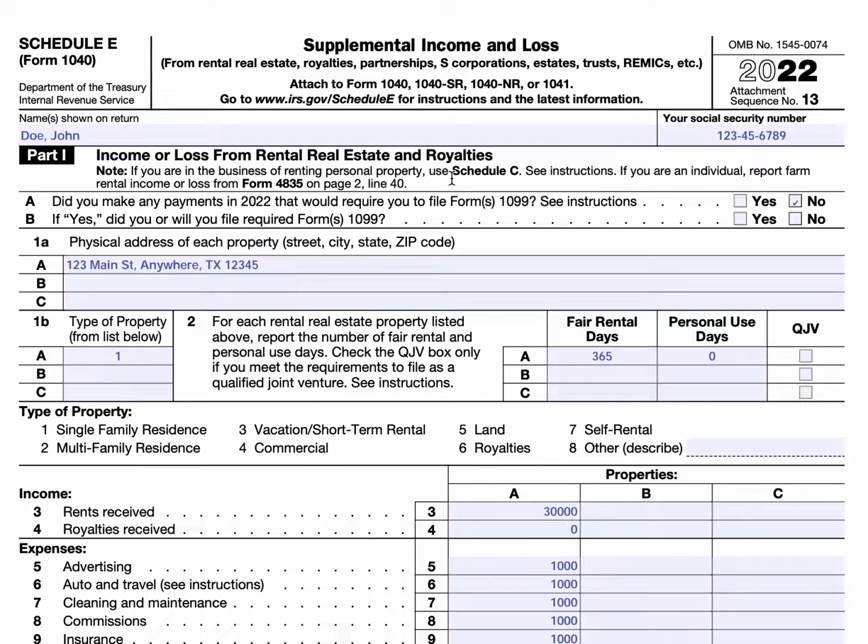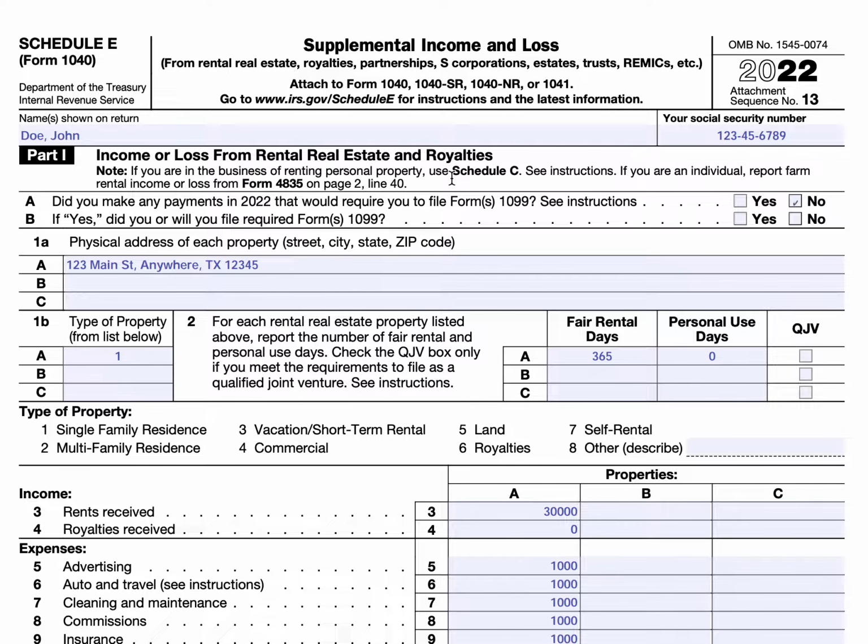Farmers should report any farm rental income or loss on IRS Form 4835. That's the tax form, literally, that says farm rental income and expenses. Farmers would also use Schedule F, which is profit or loss from farming activities. And between those two, they would cover the gamut of farming that would need to be reported.